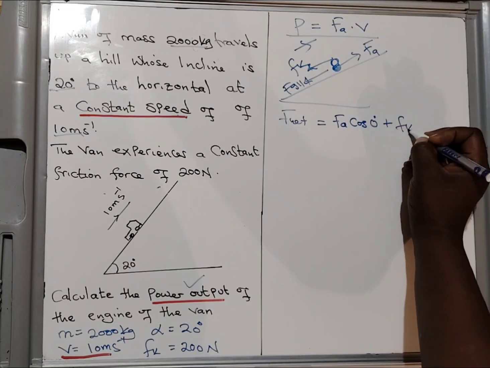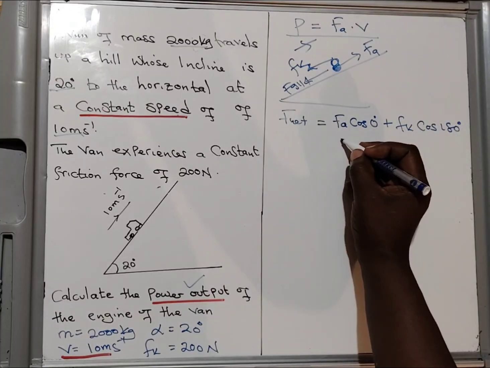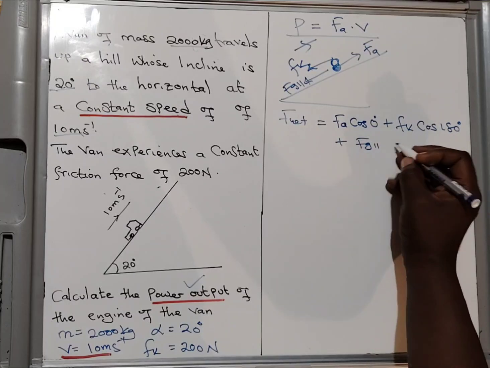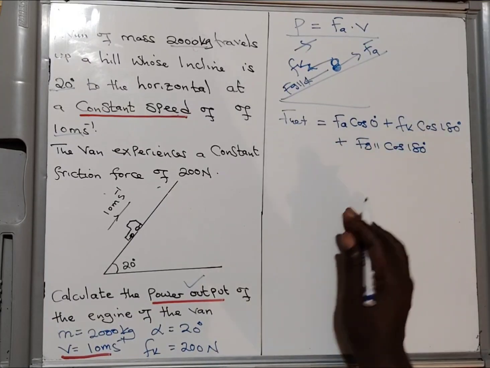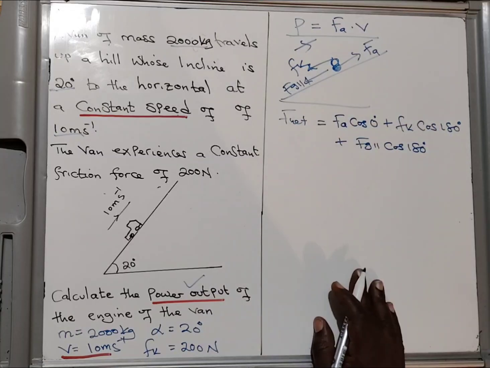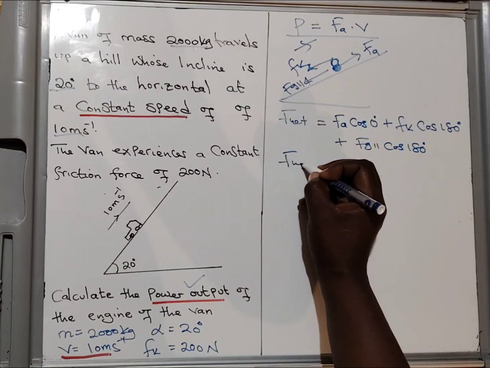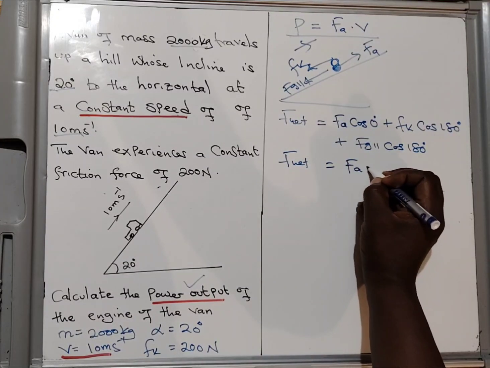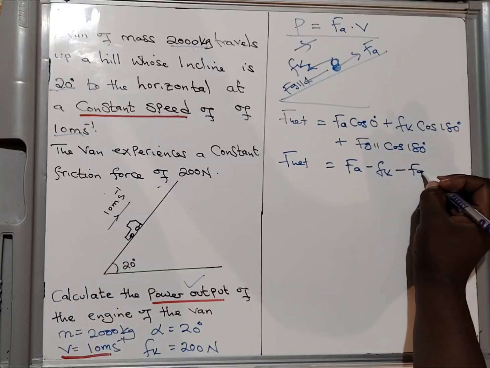You have Fk cos what? 180 degrees. It's opposite the direction of displacement. You have what? Fg parallel cos 180 degrees. Why? It is opposite the direction of displacement. From here, what do you get? You're going to get F net is equal to Fa minus Fk minus Fg parallel.